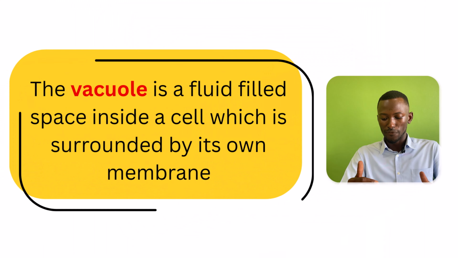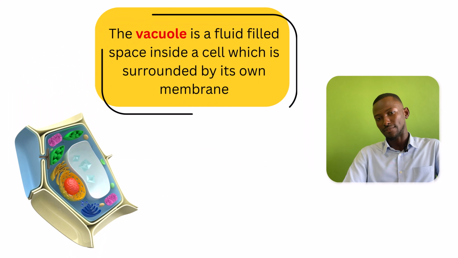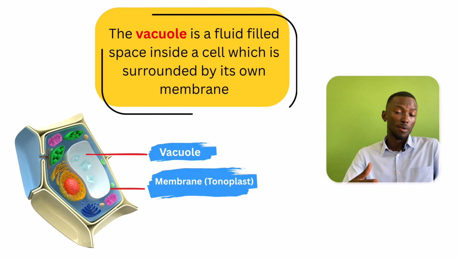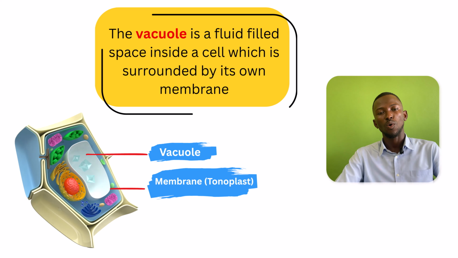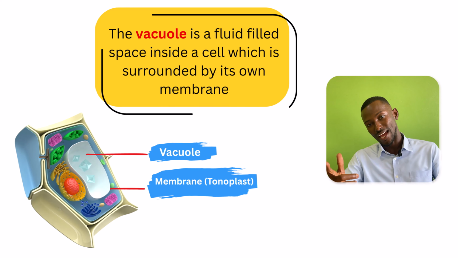Now, the next organelle we'll talk about is the vacuole. You see, the vacuole is a fluid-filled space inside the cell which is surrounded by its own membrane. What that means is that the vacuole has its own membrane, just like the cell on its own has the cell membrane. In plant cells, vacuoles are very large.